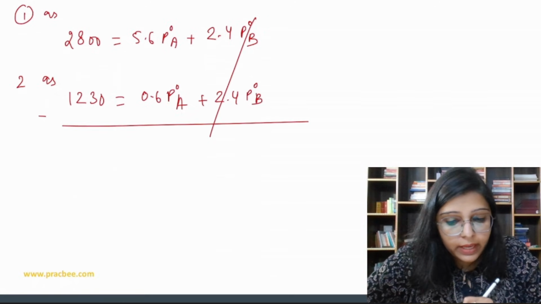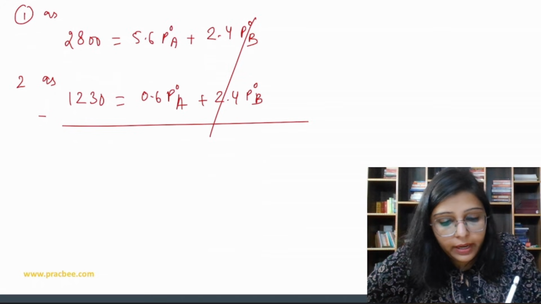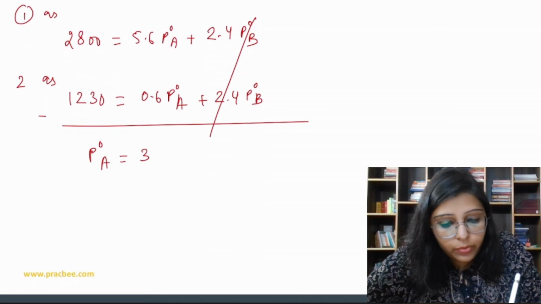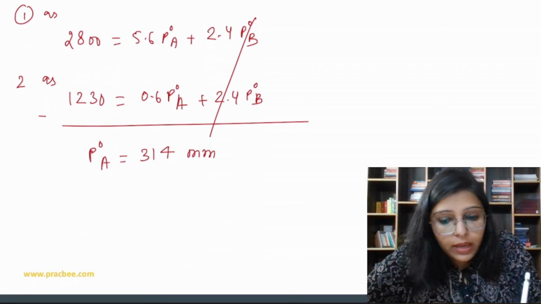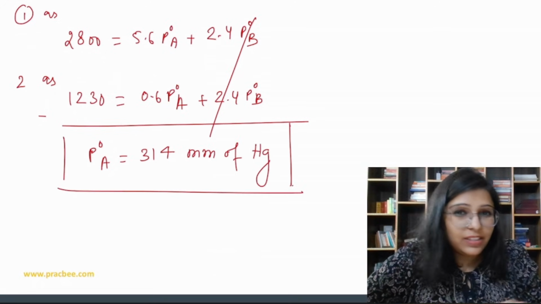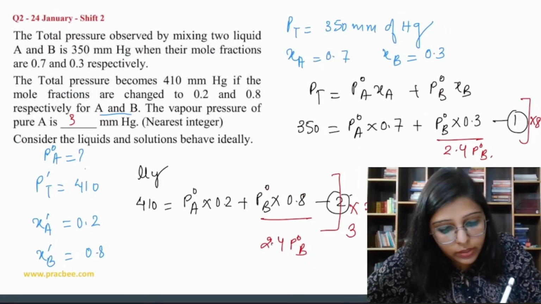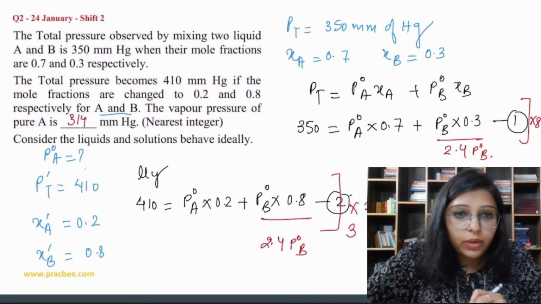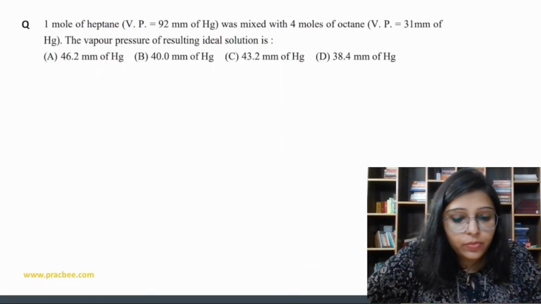So we will cancel this term and we get P naught A equal to 314 mm of Hg. Okay, that's it. So the answer is 314. Now let's do the next question.